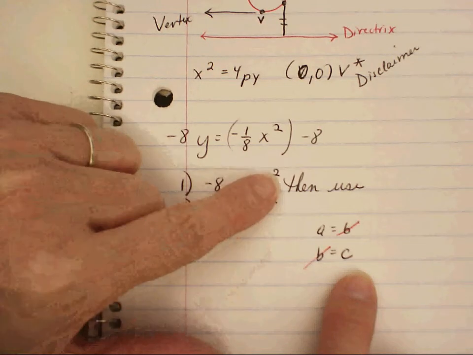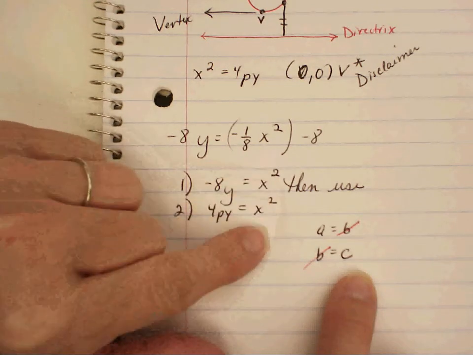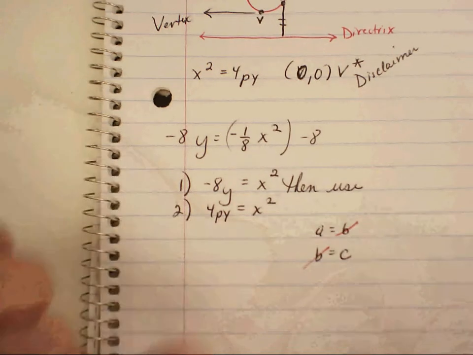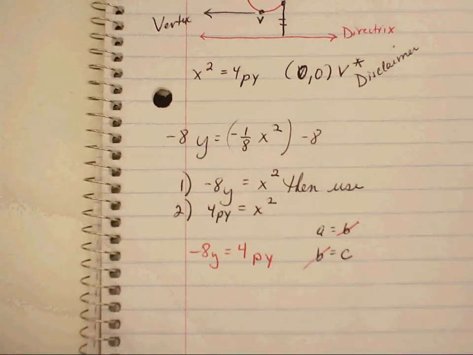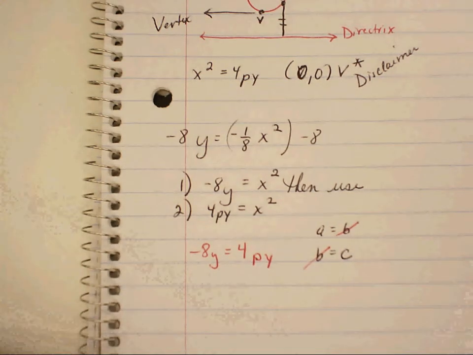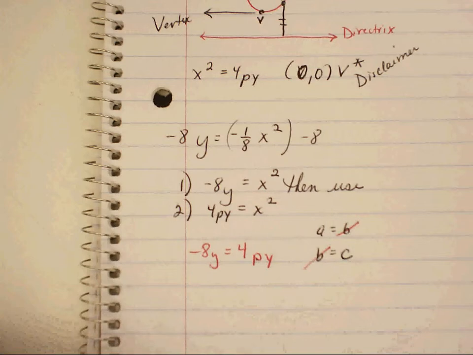Just get rid of them, cancel them, and A has to equal C. Well, aren't we doing that here? Isn't this A equals B, B equals, or C equals B, and what are we canceling out here? The x squareds, or the B's. So negative 8y has to be equal to 4py. Why? Why does negative 8y have to be equal to 4py?